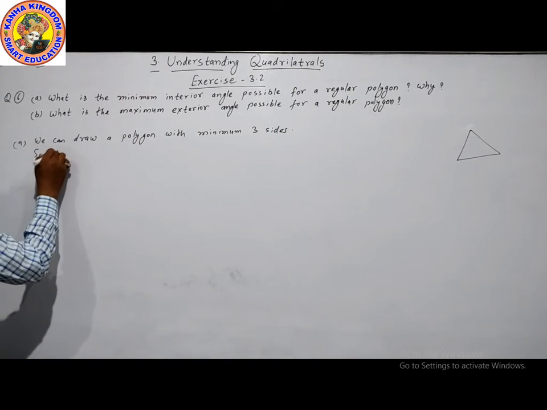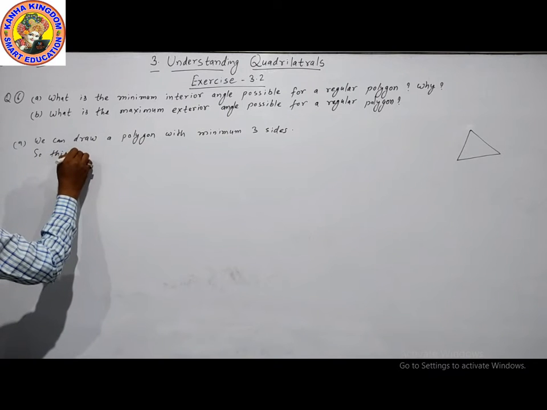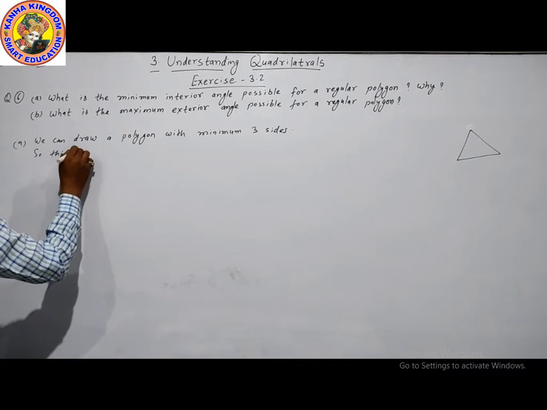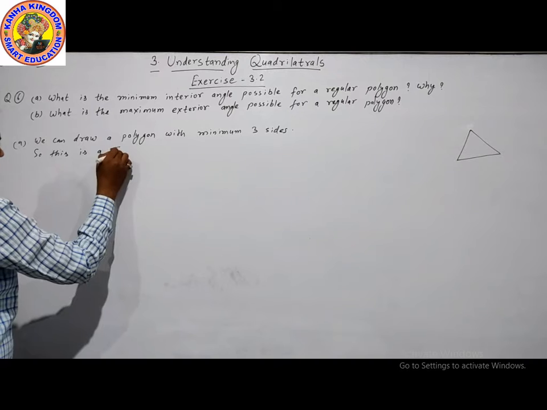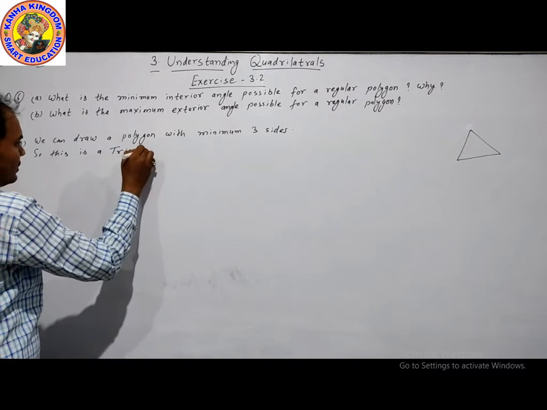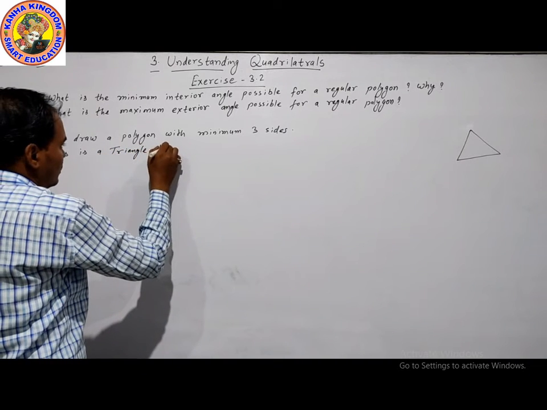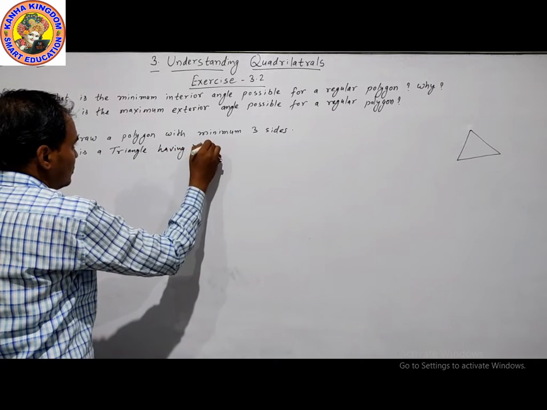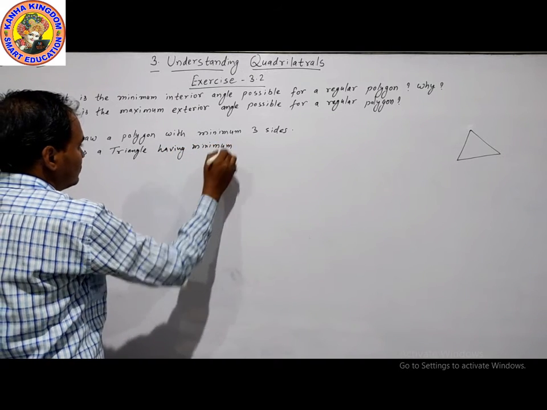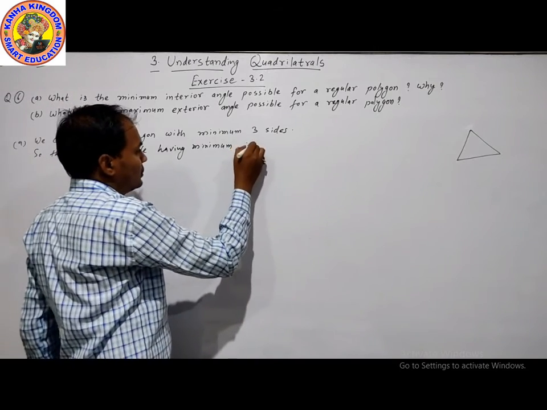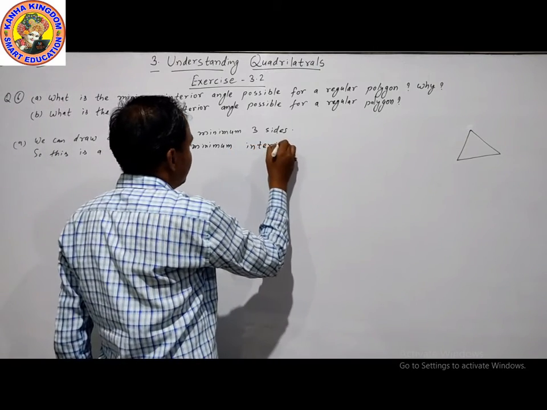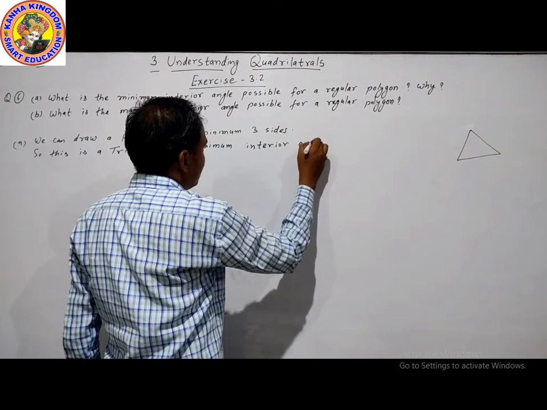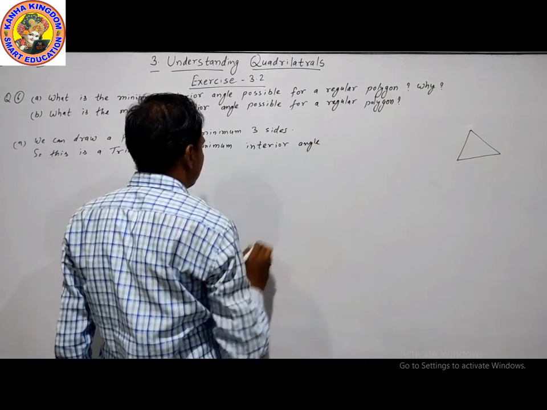So this is a triangle having the minimum interior angle.